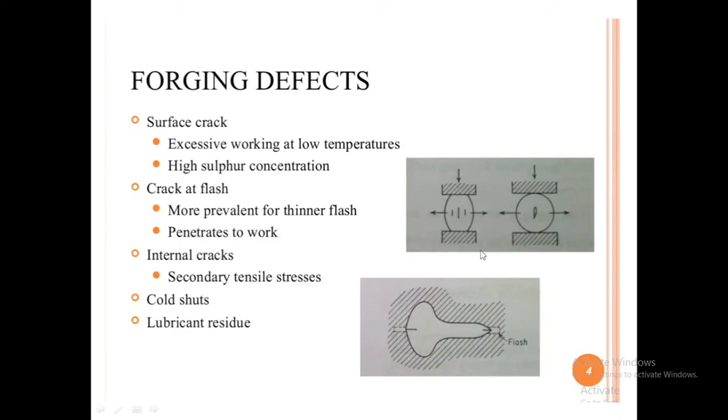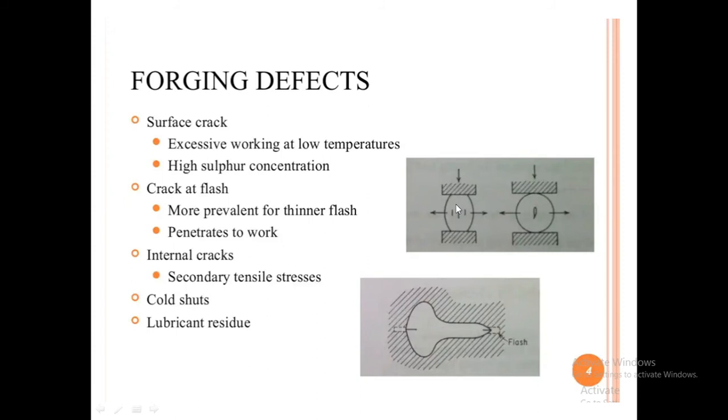Surface cracks are developed in a forging operation. So this is one defect. Why do these defects arise, that is, what are the causes? One cause is excessive working at a low temperature.